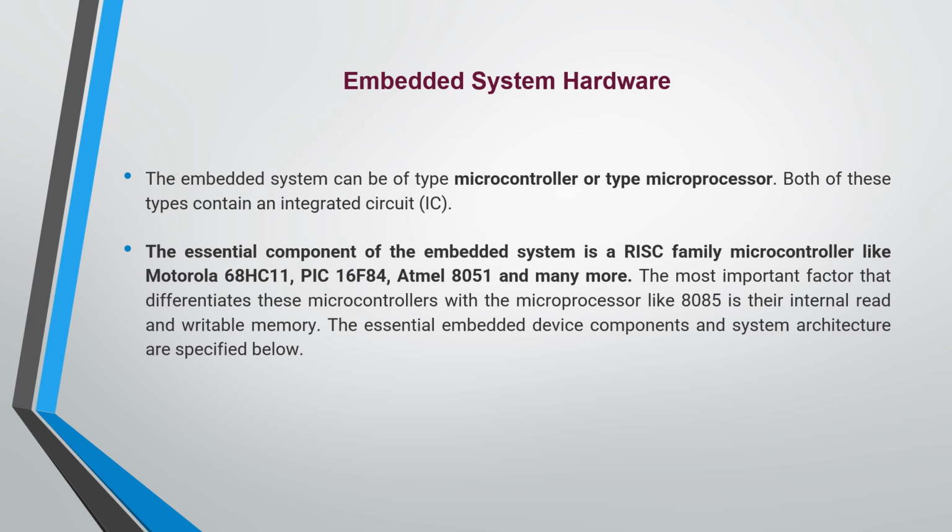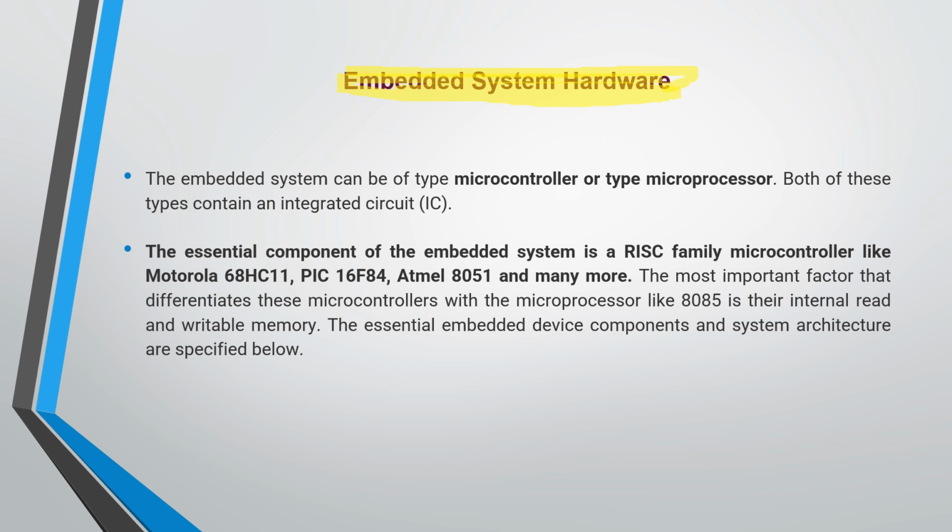As we were discussing, both of these contain an integrated circuit. So in embedded system hardware, we must consider this particular part. The essential components of an embedded system include a reduced instruction set computing family microcontroller.